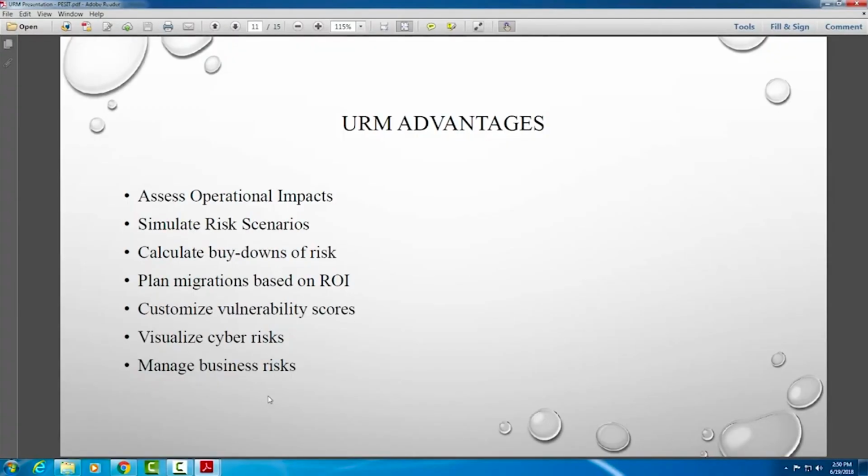So with this unified risk management, the overall advantages we can think about is that it will assess the operational impact, and you can simulate the risk scenarios. And the key thing is you can visualize what the cyber risks are and how you can manage the business risk.